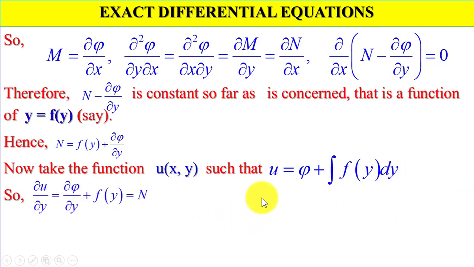Therefore, if we differentiate this quantity with respect to y partially, we have ∂u/∂y is equal to ∂phi/∂y plus f(y), which is equal to N, since N is equal to f(y) plus ∂phi/∂y.